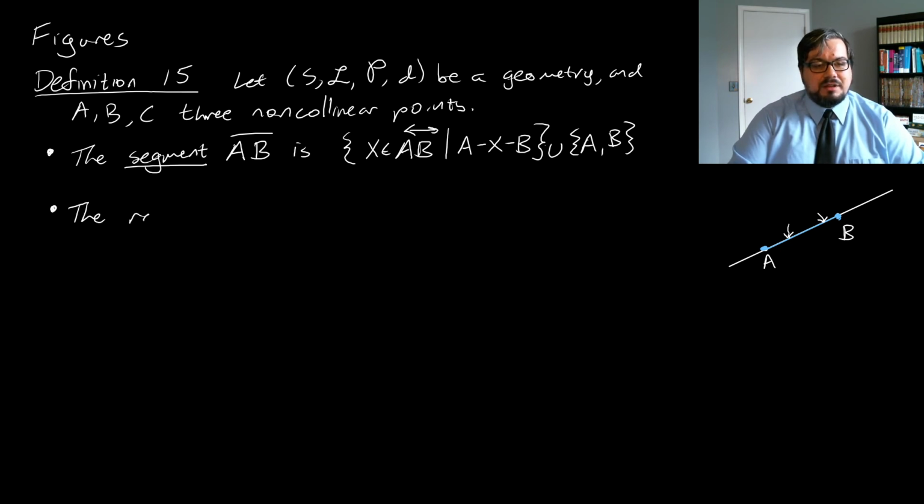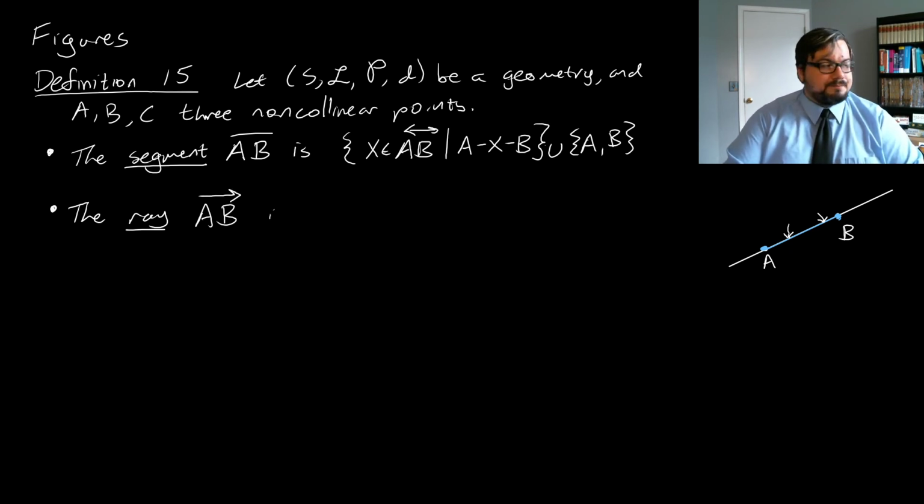Now, if we want the ray, and this notation is AB with a single arrow over, first of all, it contains the segment AB, but it also includes more. So the ray is going to start at A and go through B and continue on.